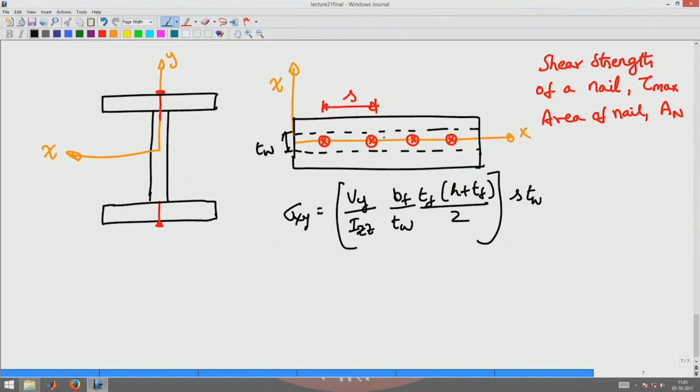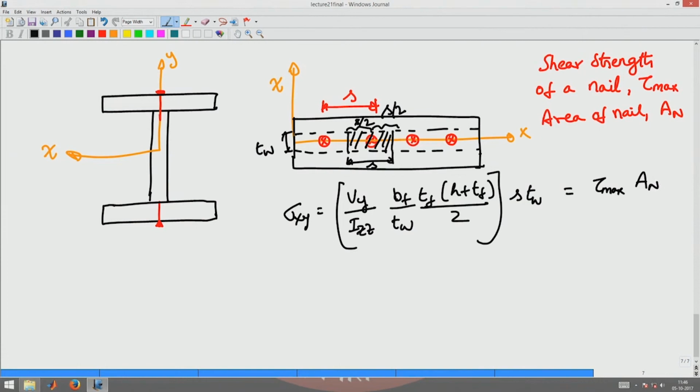This nail should withstand whatever stress comes in this region, and this distance is S. I am assuming the nails are uniformly spaced, so this distance is S by 2, and this distance is also S by 2. So the net distance is S and the net area is S into Tw. This should be resisted by tau max into the area of the nail.